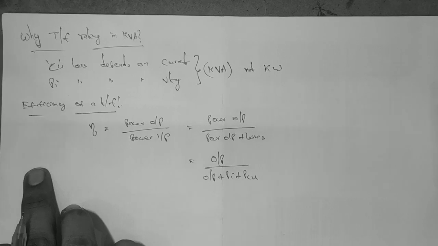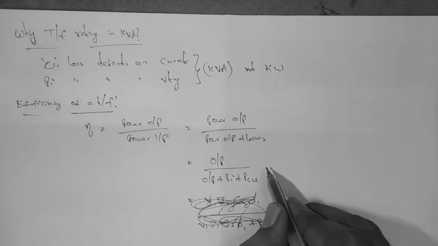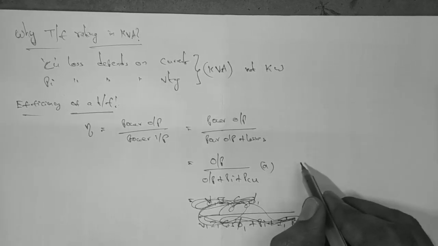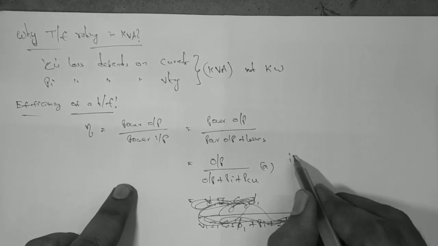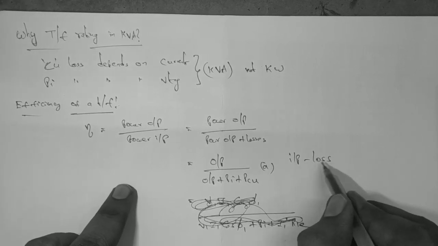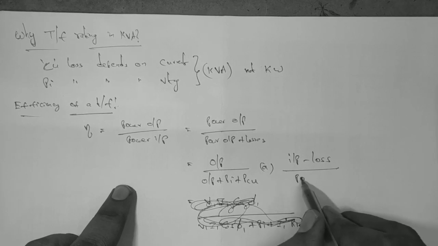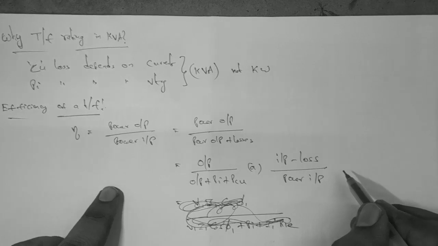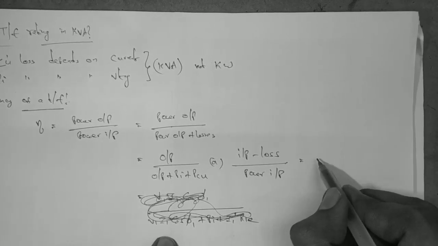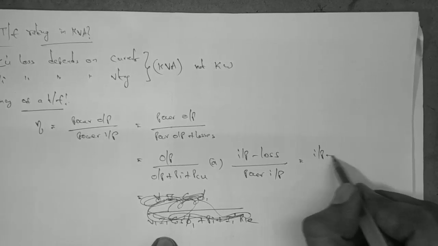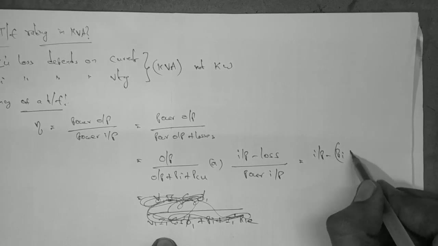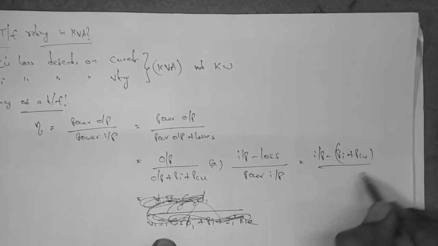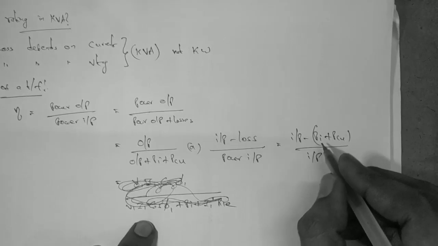There is another way: output is rewritten as input minus losses. So efficiency can also be written as input minus losses divided by power input, where losses are total losses, that is constant losses plus variable losses. So input minus iron losses Pi minus copper losses, divided by input.